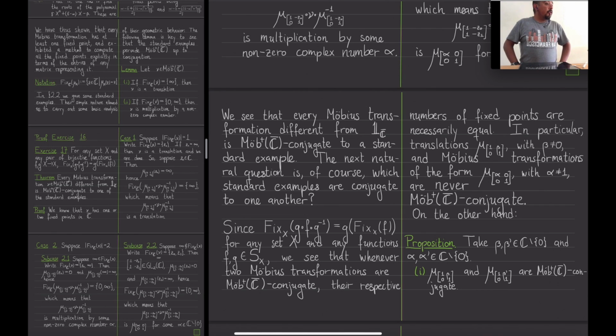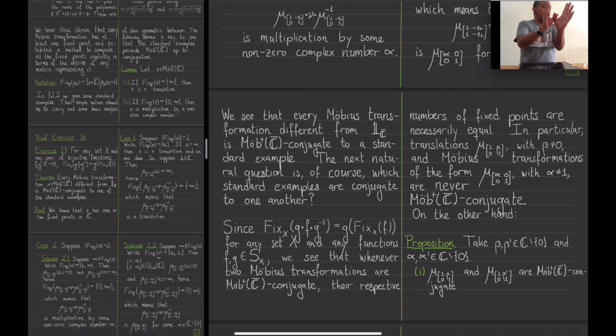So, for instance, translations are never conjugate to multiplications by complex numbers different from 0 and 1. Okay, so that's one nice thing to know. And another consequence is that we can focus on the two problems separately.